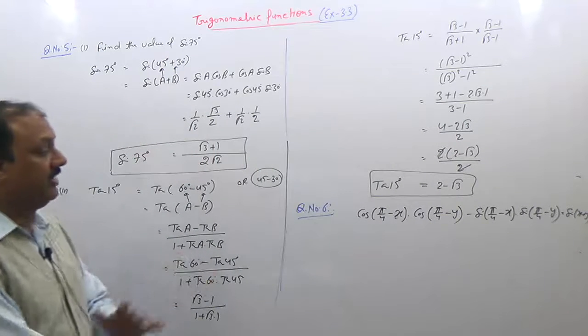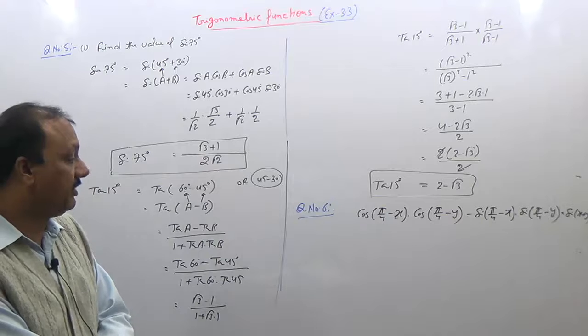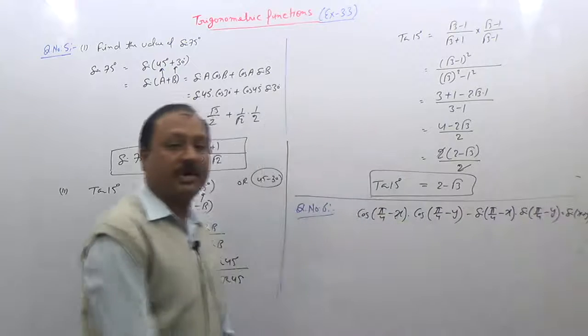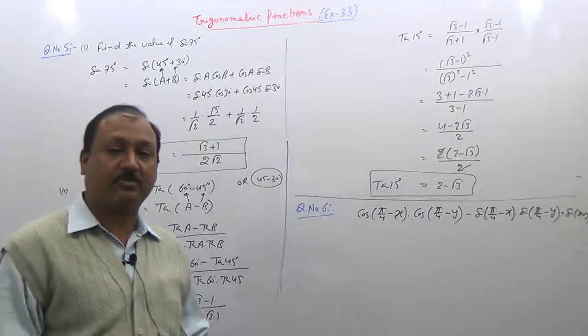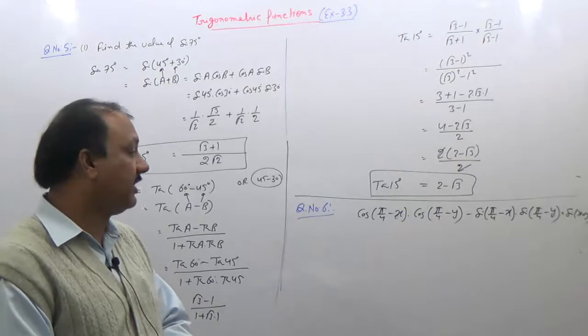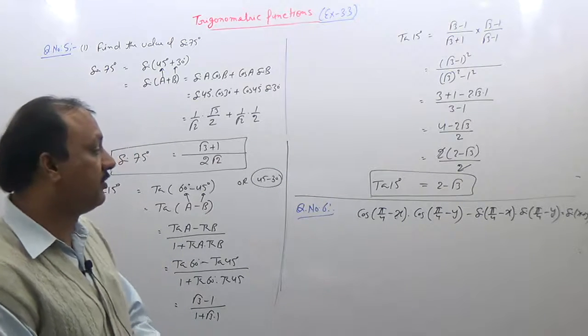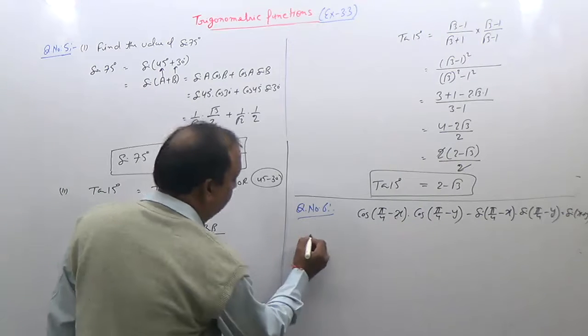This one is a trigonometric identity in which we want to prove that cos(π/4 − x) cos(π/4 − y) minus sin(π/4 − x) sin(π/4 − y) equals sin(x + y). So taking the left hand side.